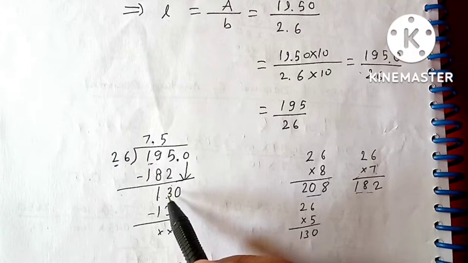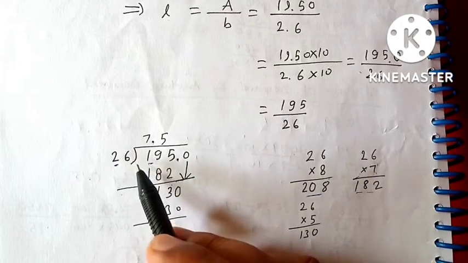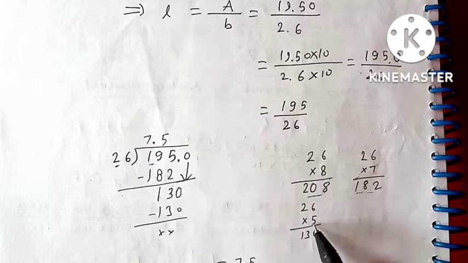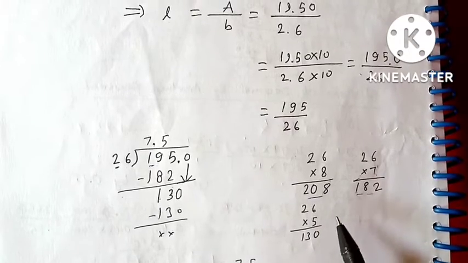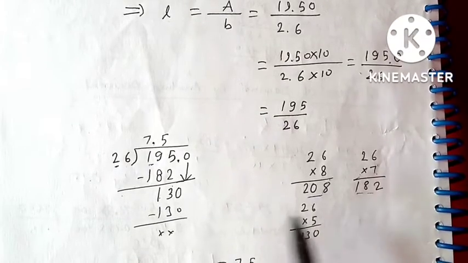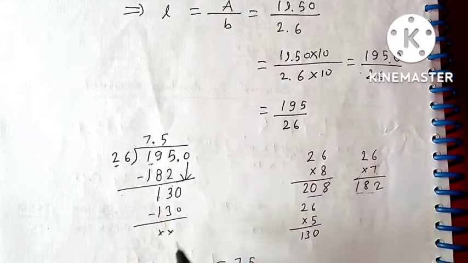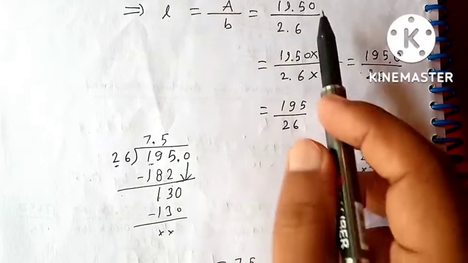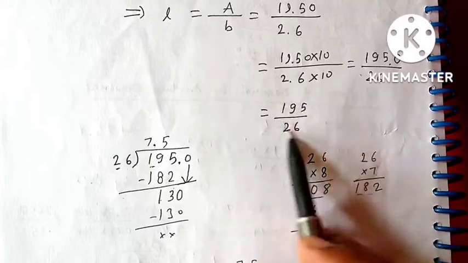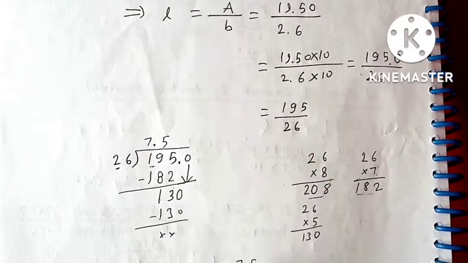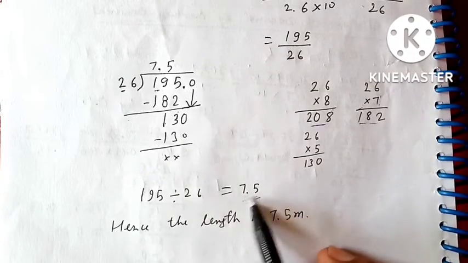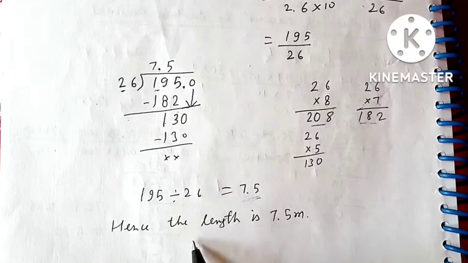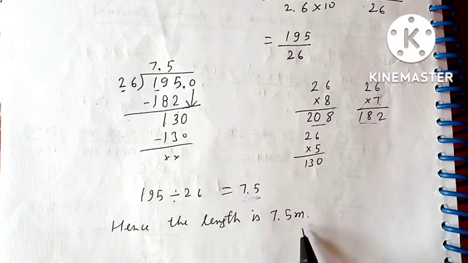We think of 26 into what? It is 130. So 26 into 5, it is 130. So you have 5 here, and you got this division as 7.5. We have to find the length, so the length is 7.5 meter.